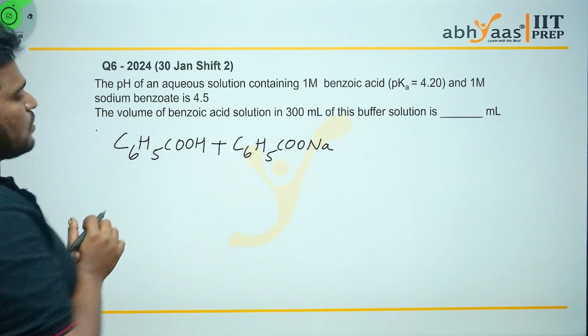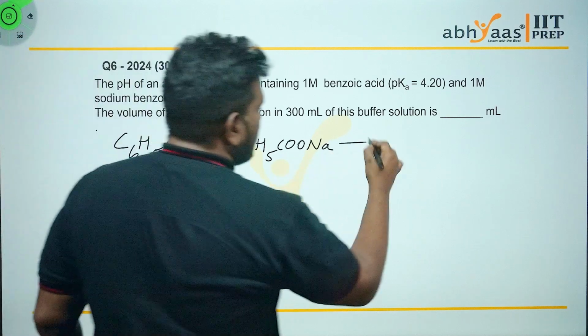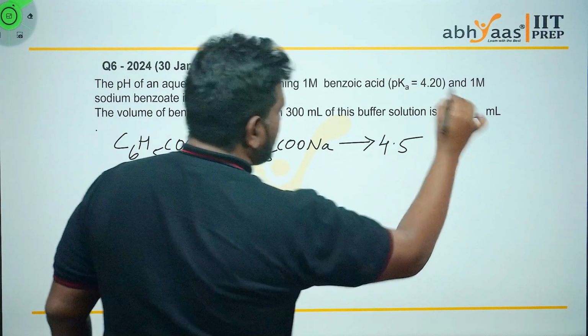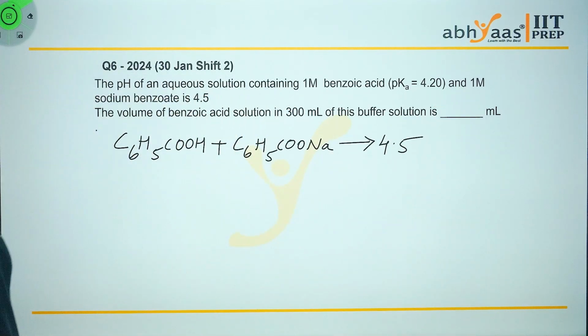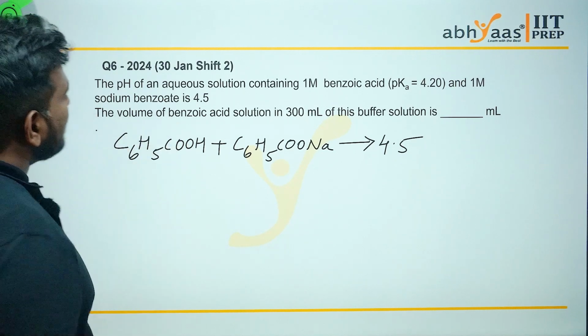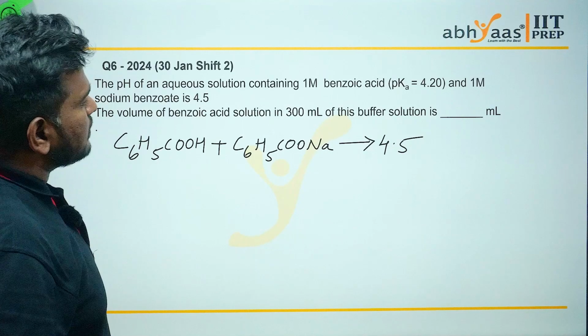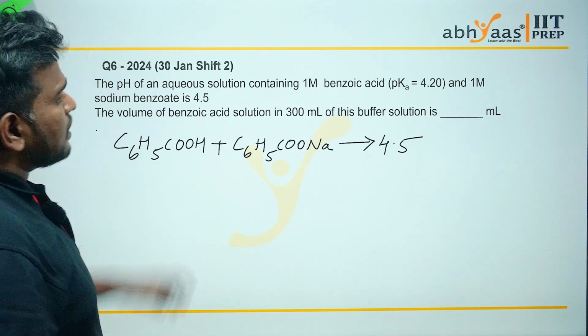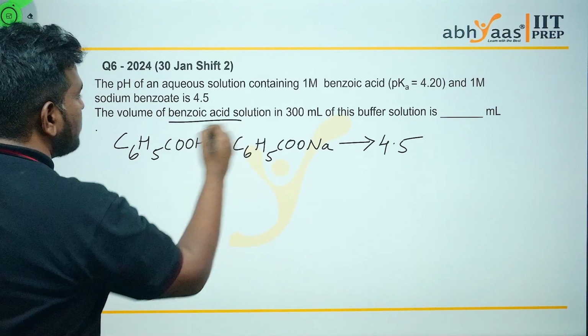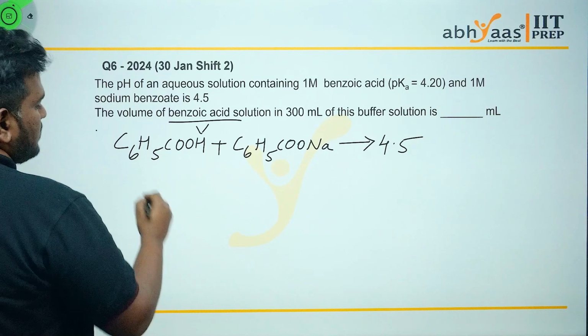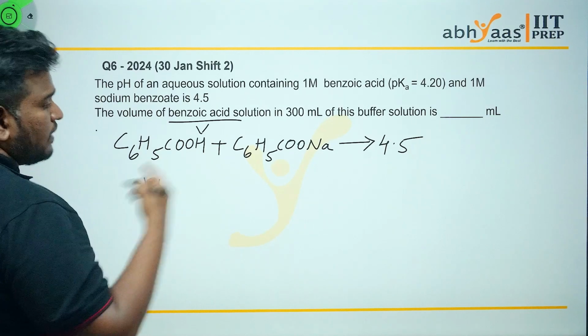For this particular solution, the pH is given as 4.5. Now we know the volume of this buffer solution is 300 ml. So we have to find the volume of benzoic acid. So that is V. We have to find V.